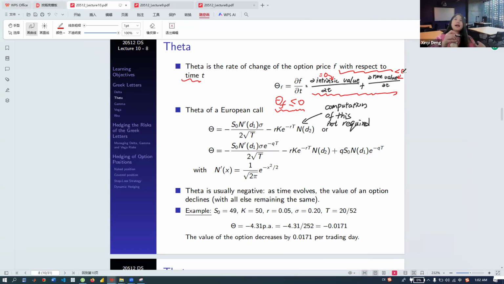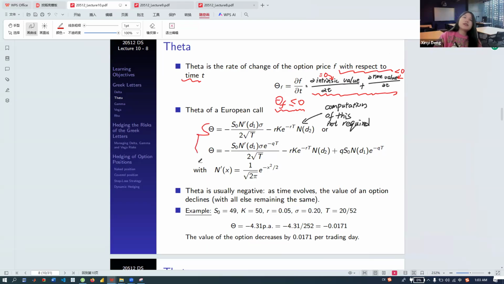So t here is representing the passage of time. It's not representing the maturity left. Therefore, as time goes by, the remaining time value actually reduces, right? So that's why we have this second term being smaller than 0. Since the first term is equal to 0 and the second term is smaller than 0, the theta intuitively is no greater than 0.